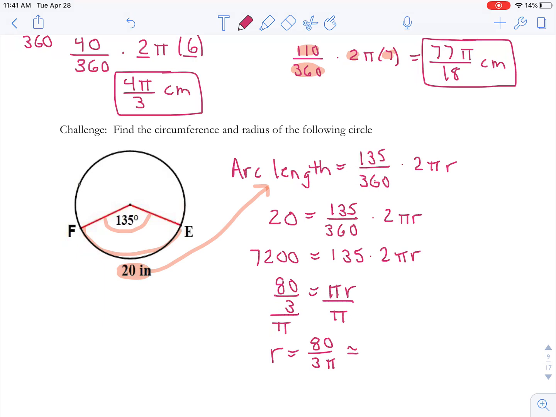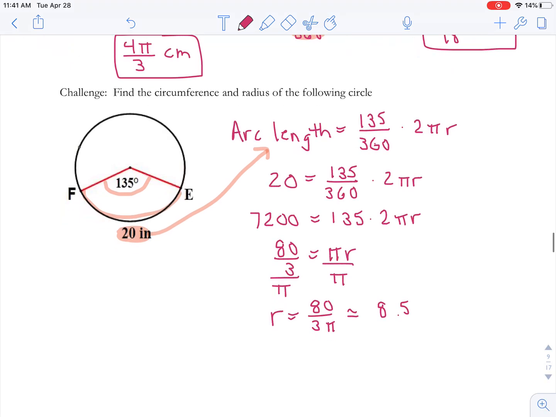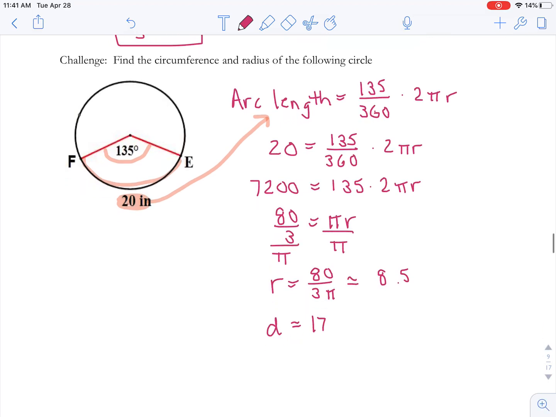So 80 divided by 3 pi is 8.5. So your radius is 8.5. Your diameter would be double that. So your diameter would be about 17. Okay.